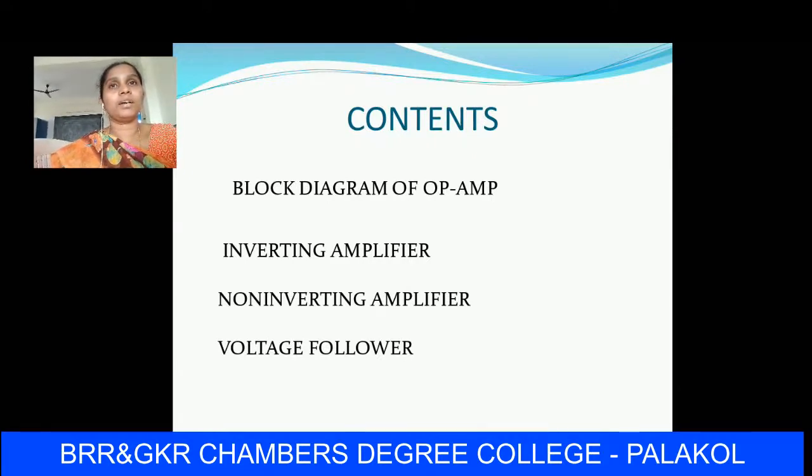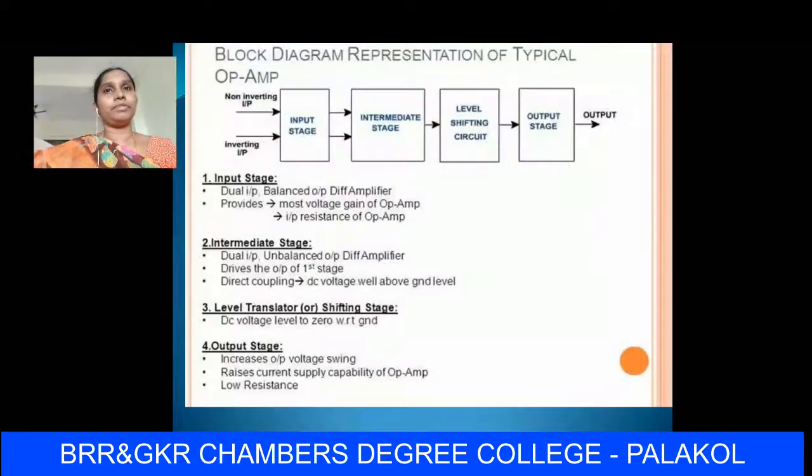That is, V0, the output voltage, is equal to the difference between two input voltages. That is, V0 is equal to V2 minus V1. Okay. Now we will move to the block diagram of an operational amplifier.